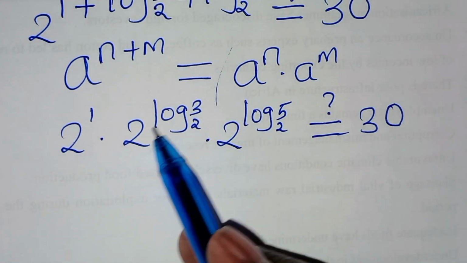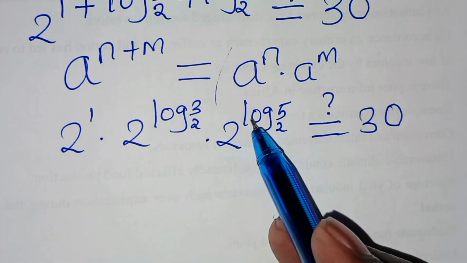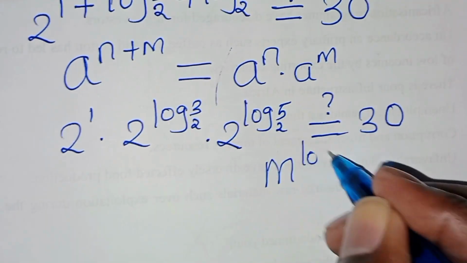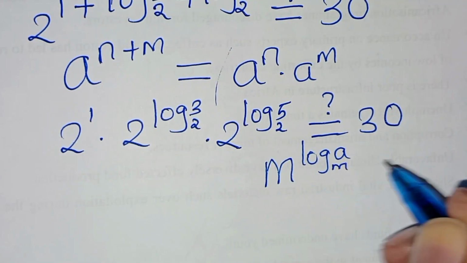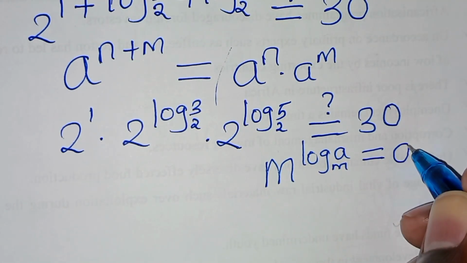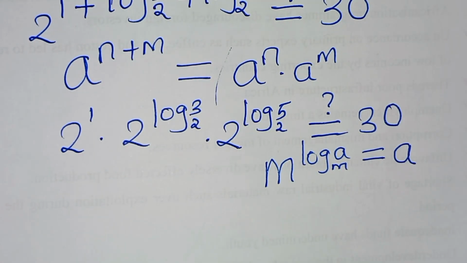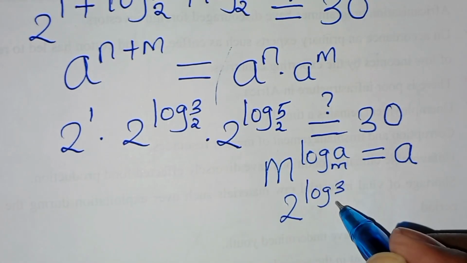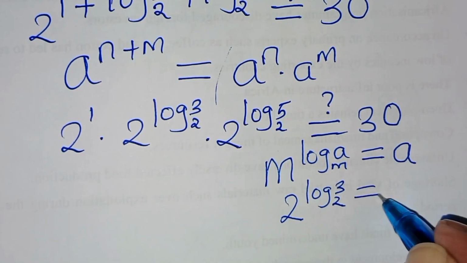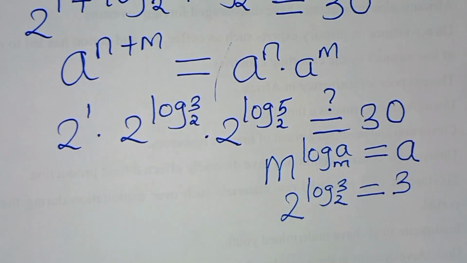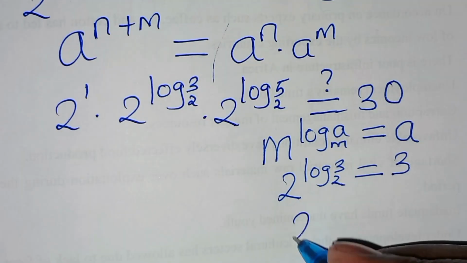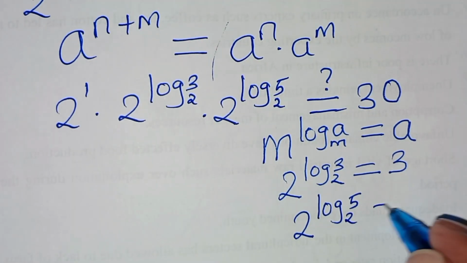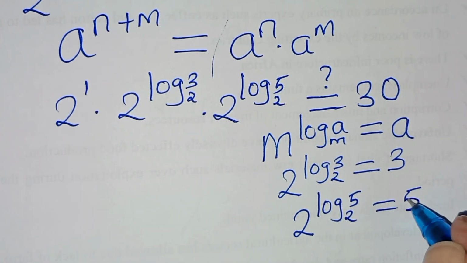Now you find that 2 to power log 3 to base 2 and 2 to power log 5 to base 2 are in the form of m to power log a to base m, which is supposed to give us a value of a. So 2 to power log 3 to base 2 gives us a value of 3, and 2 to power log 5 to base 2 gives us a value of 5.